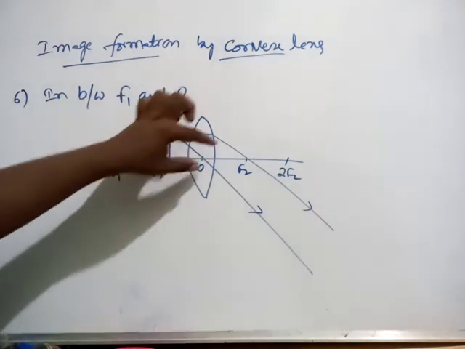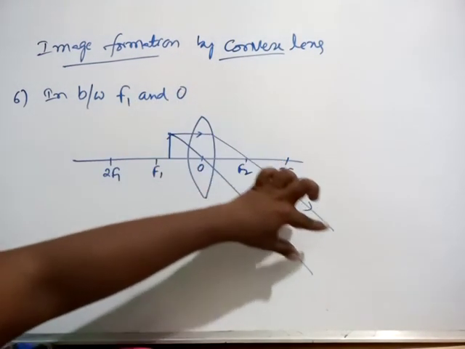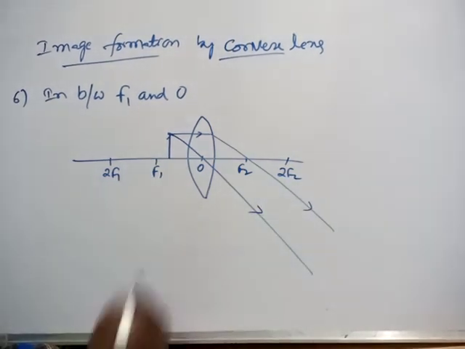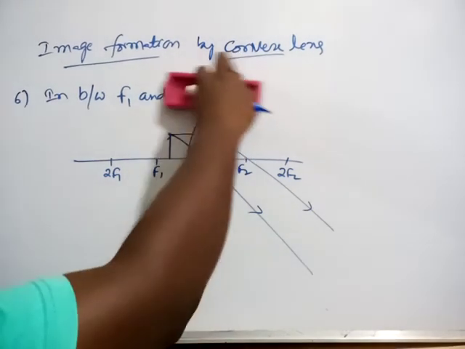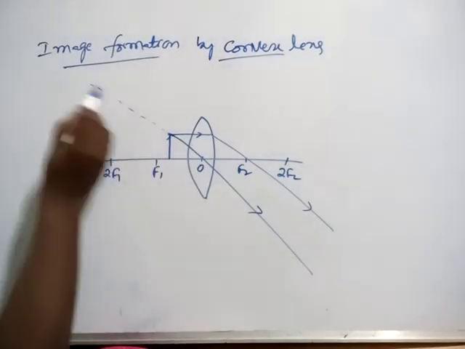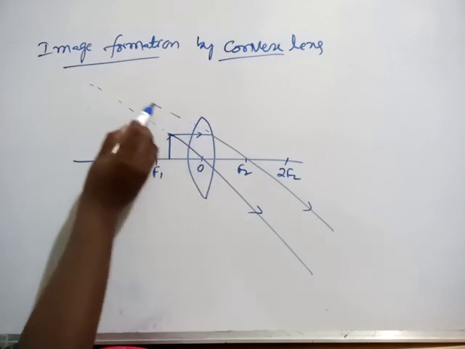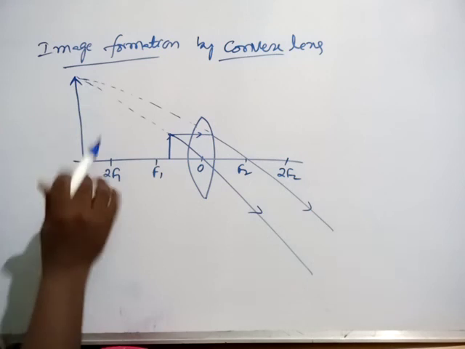See now, the distance between these two rays is going on increasing. So definitely we have to extend these lines backwards. See, this is the image.